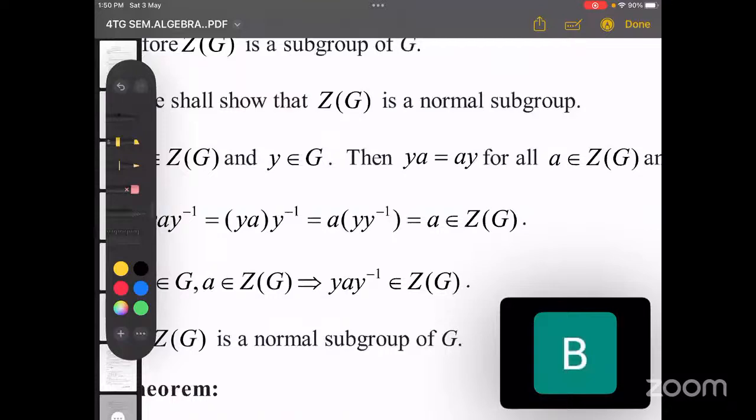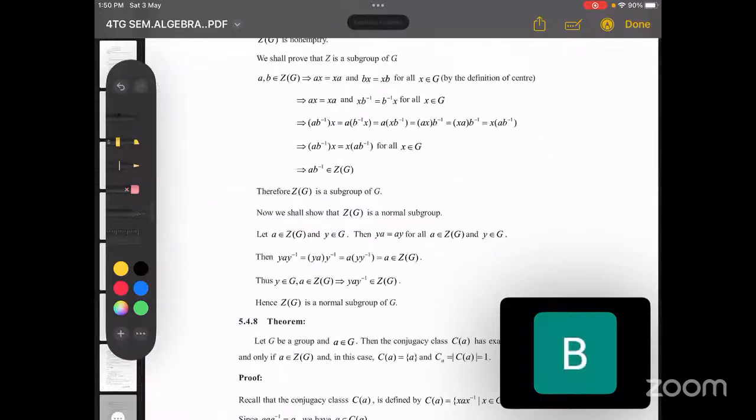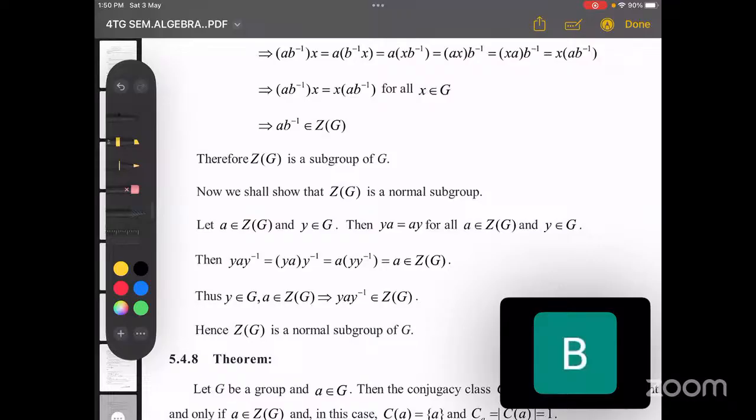Next, YA Y inverse equals AY Y inverse. Here we are using the commutative property: for YA we take Y inverse outside, and inside YA. By the commutative property, YA is equal to AY.